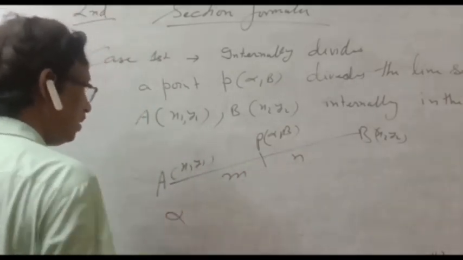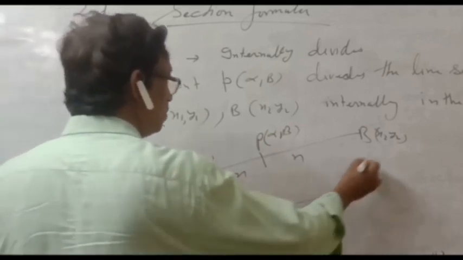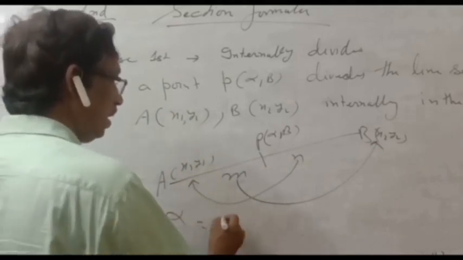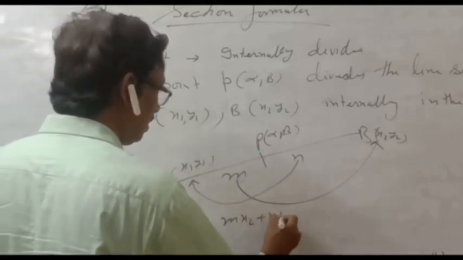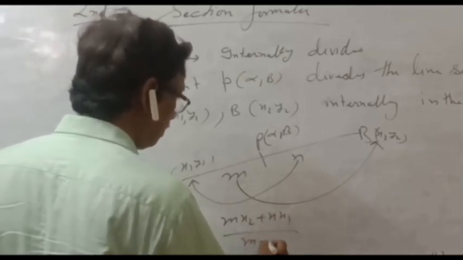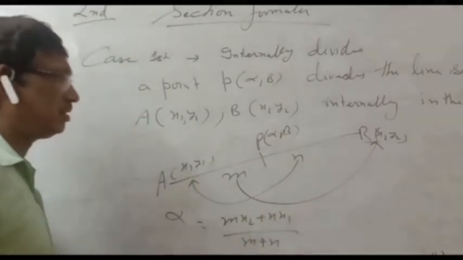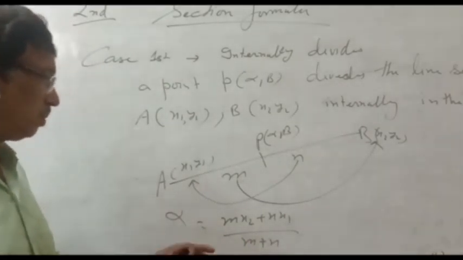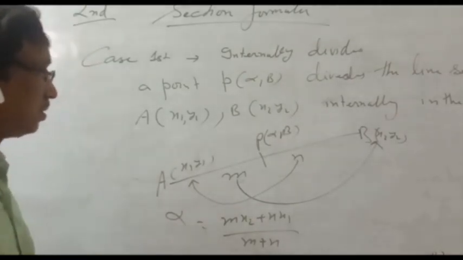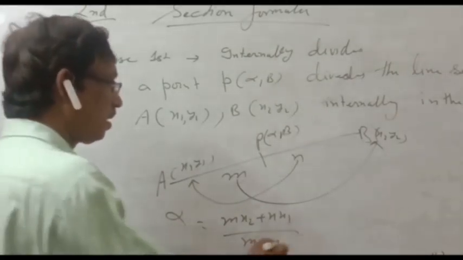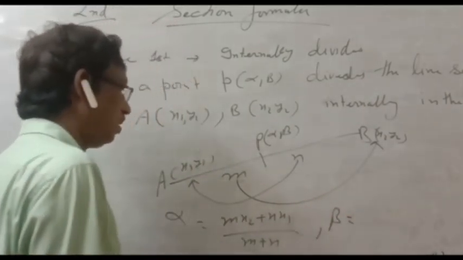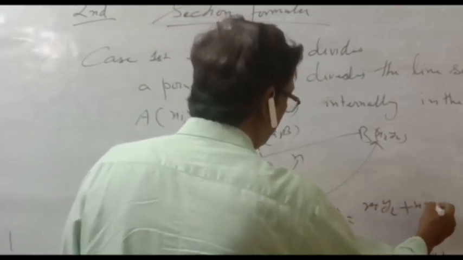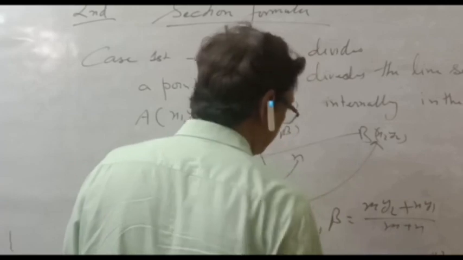Hence alpha is equal to m x2 plus n x1 by m plus n. We have already studied this in 10th class, so we can't pause to explain it. And beta is equal to m y2 plus n y1 by m plus n.